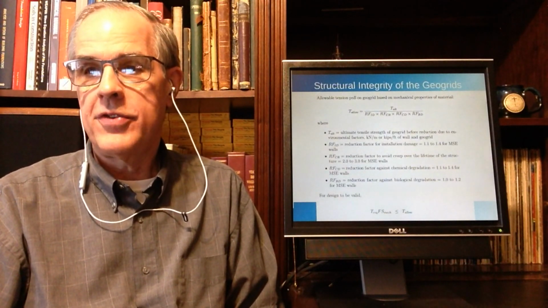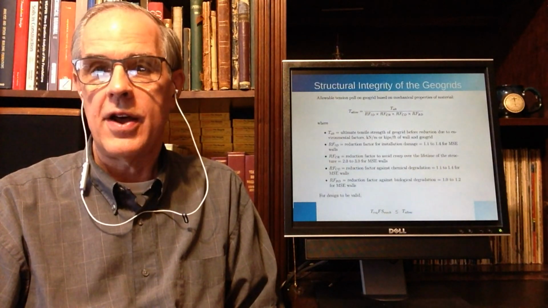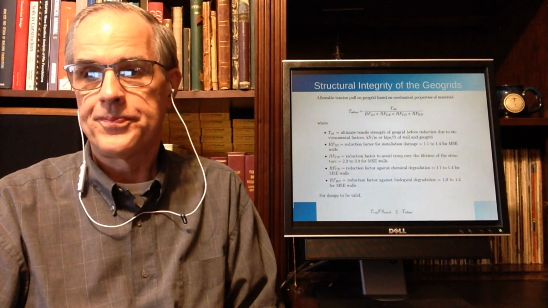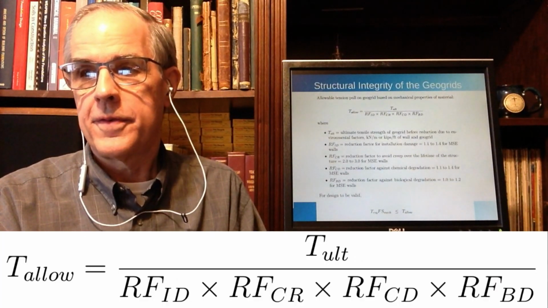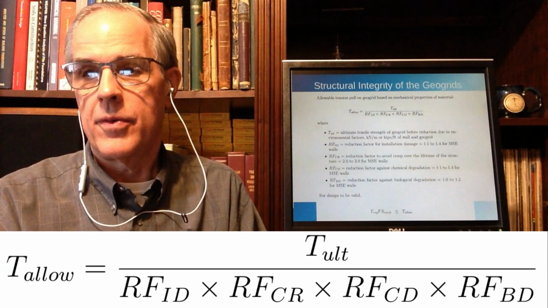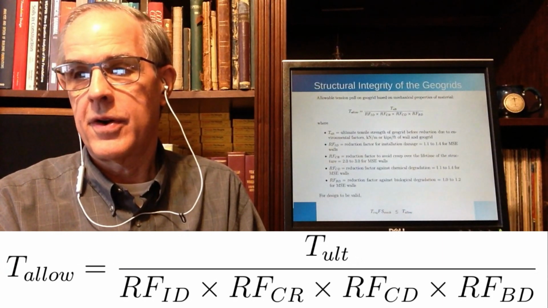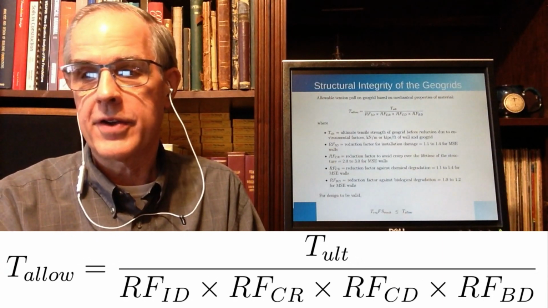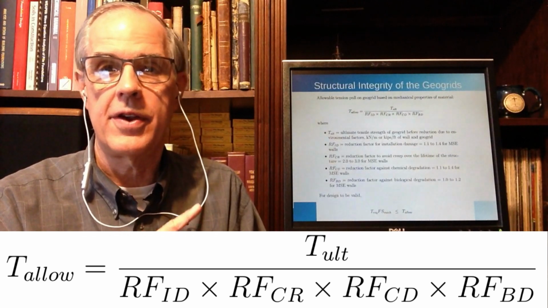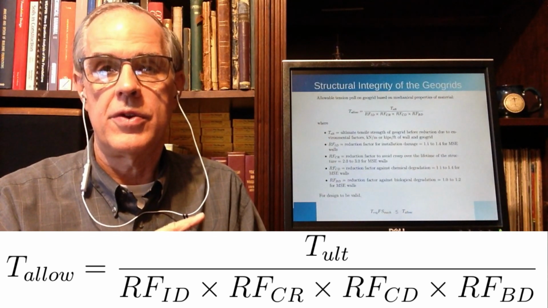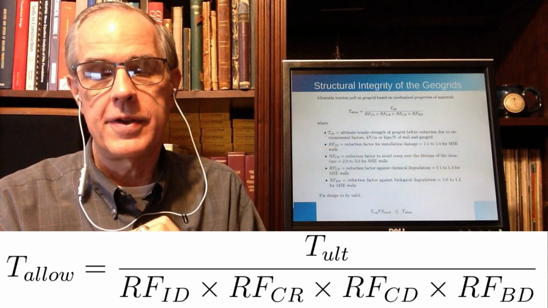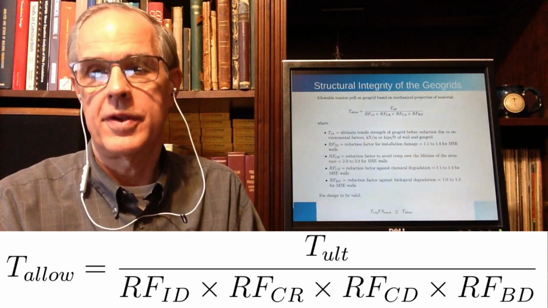The allowable tension pull is T ultimate over RF_ID, RF_CR, RF_CD. These are all different factors, and I describe these factors here. They will vary depending upon the type of wall you have and this sort of thing.